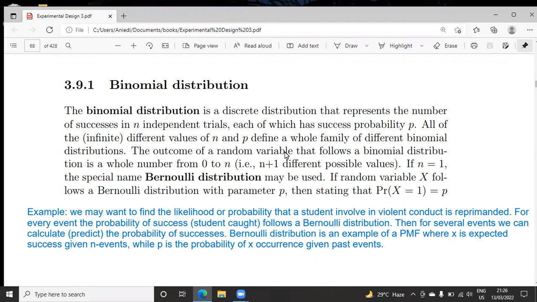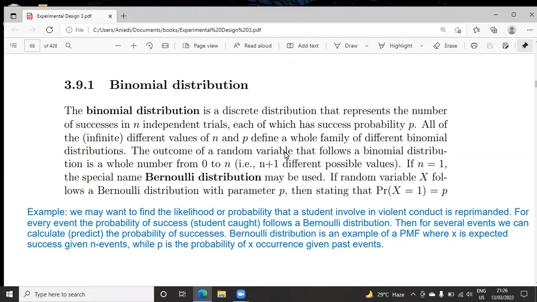Since we skipped that, let's just read this. So if you conduct a research to understand violent occurrences, you now have the probability that a student who was involved in a violent conduct is being reprimanded.